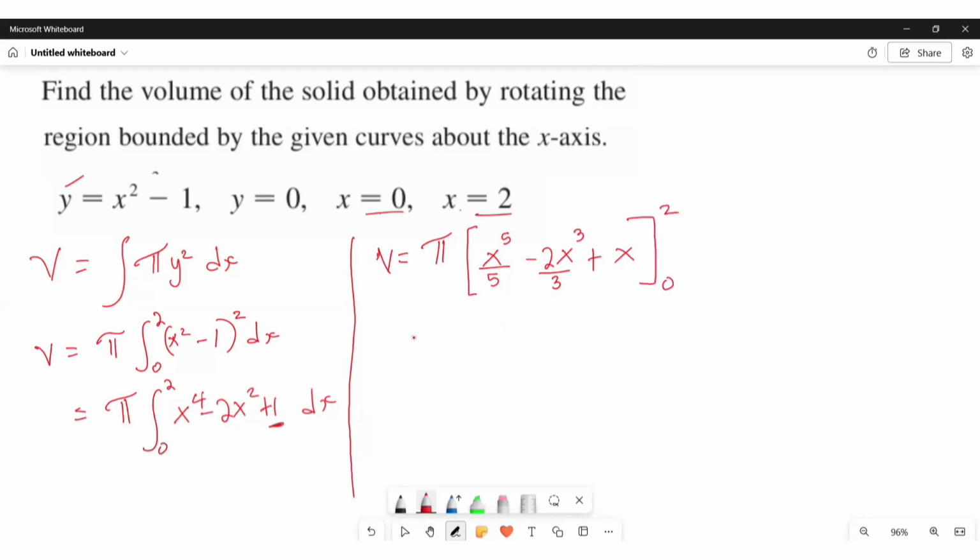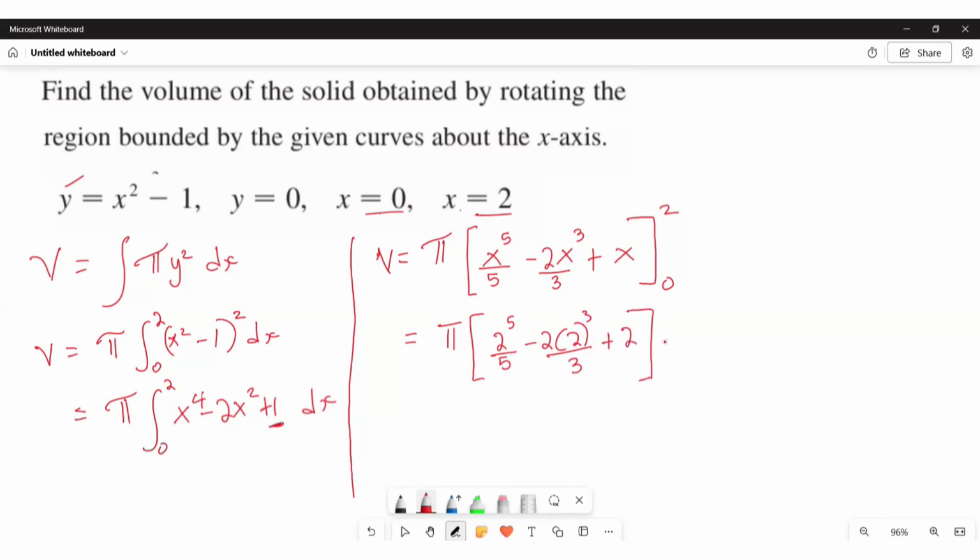What does this mean? It simply means that we're going to start substituting now. We're going to plug in our upper limit first. So in this case, we're going to have 2 raised to the fifth power over 5 minus 2 times 2 raised to the third over 3 plus 2. All right.